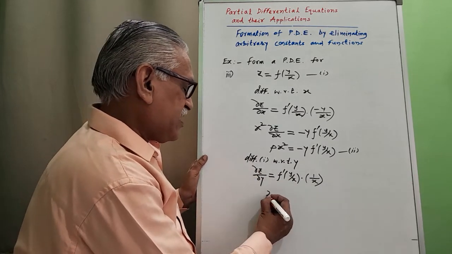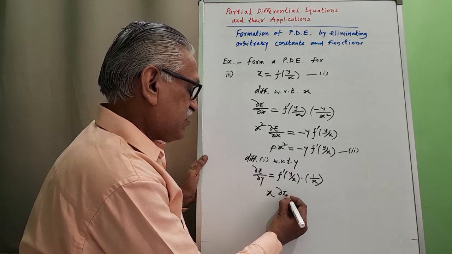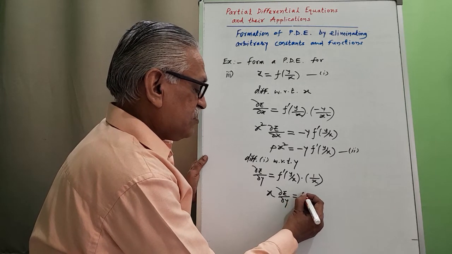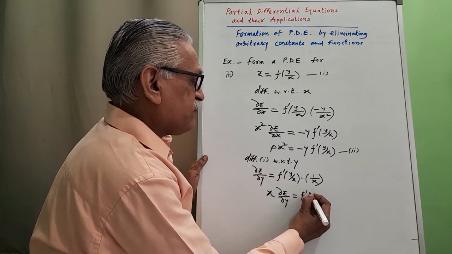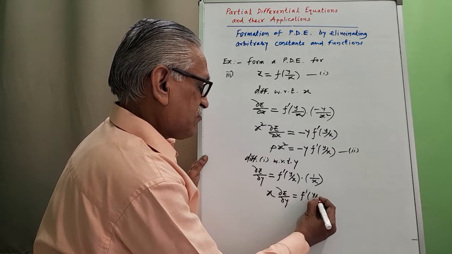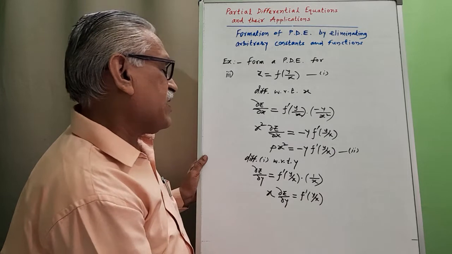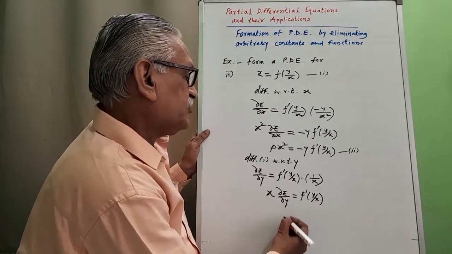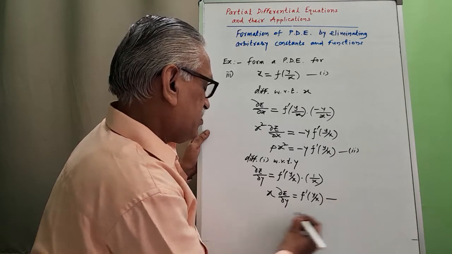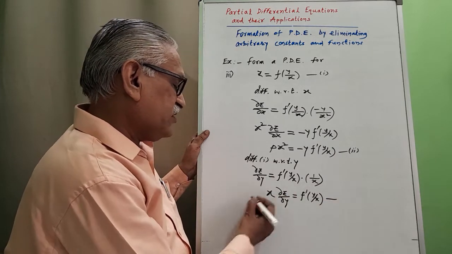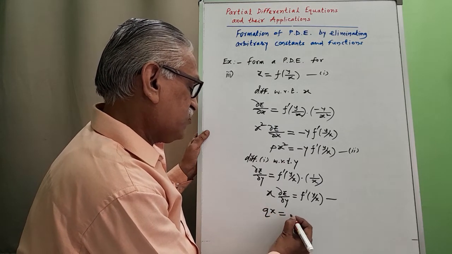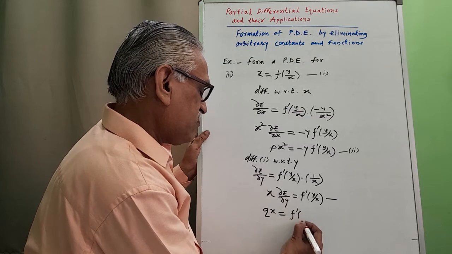Multiplying by x, we get x into ∂z/∂y is equals to f dash of y by x. But ∂z/∂y is nothing but q, and therefore it is q into x is equals to f dash of y by x.